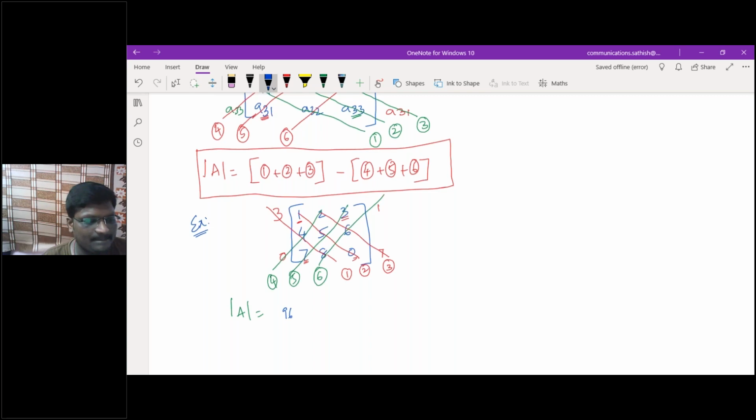Next one, plus the second one. Second one means this one: 1, 5, 5, 5 zeros, 0. Am I correct? Next 3, 2, 6, 12. 12 sevens how much? 84. Yeah, good. Next one.